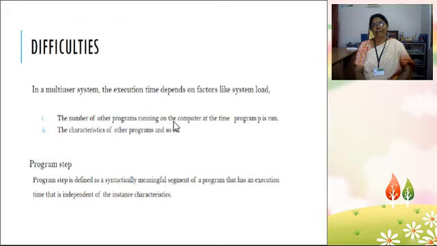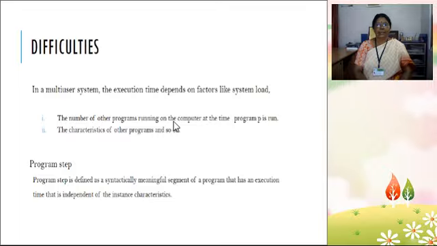That may increase the time taken for one arithmetic operation. Similarly, the characteristics of other programs running in a multi-user environment. So it is difficult to compute the time complexity just knowing the computation time for addition, subtraction, etc., because it is affected by other factors in a multi-user environment.